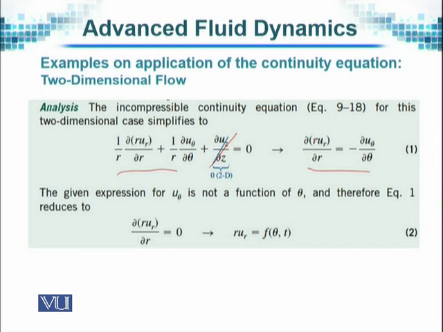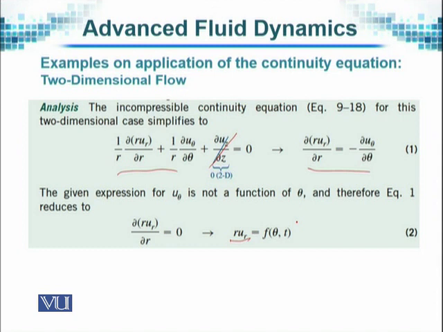If we do that, then we integrate with respect to r, because we want to calculate ur. When we integrate it, we obtain r ur plus 0, because there is no r term coming here, and then there will be some constant of integration. That constant of integration we keep in a way that it can depend on the other variables such as theta and time t.